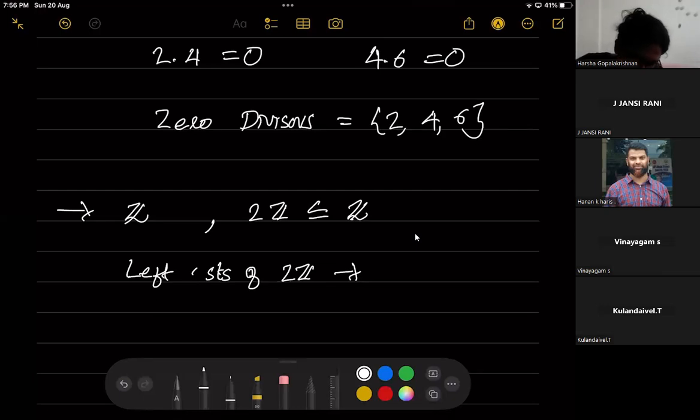So the left cosets are 0 plus 2Z, that is 2Z, and 1 plus 2Z. Now coming to the right cosets. What are all the right cosets here?